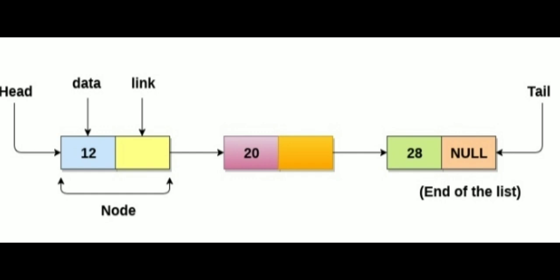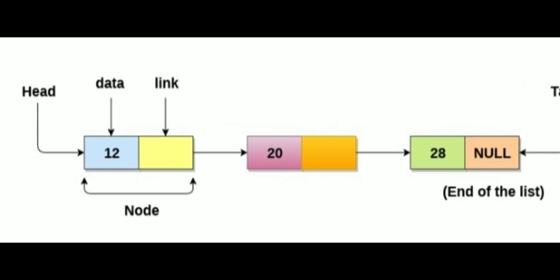Null here indicates there are no more elements in your list, and this is the last node present in your linked list. The first node is always called the head node, and this head node contains only the address of the starting element.